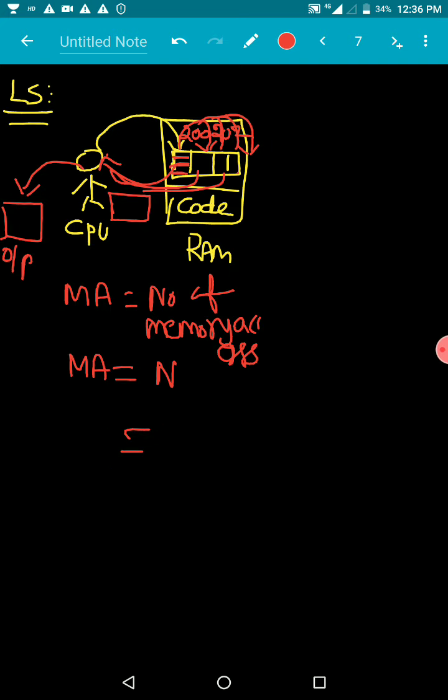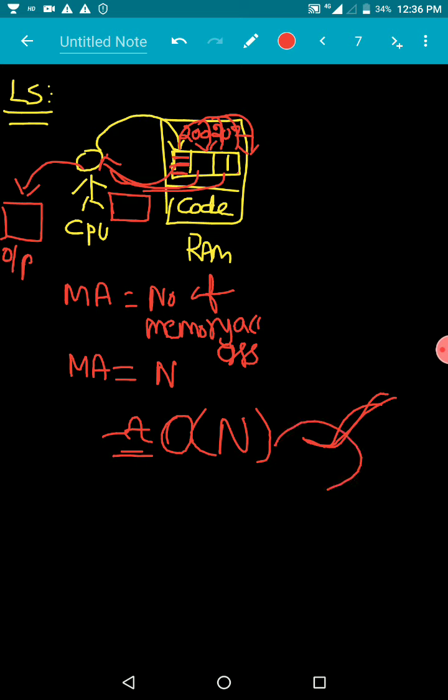Therefore, it is approximately order of n. This is a huge time. Suppose the array has 10,000 elements, the searching will take 10,000 units and each unit takes a millisecond. Then 10,000 milliseconds are taken by your linear search algorithm.